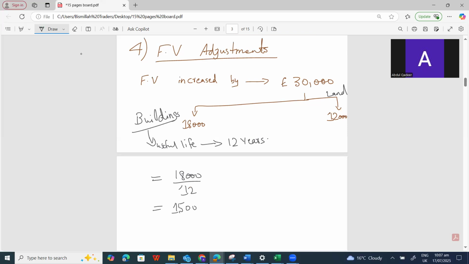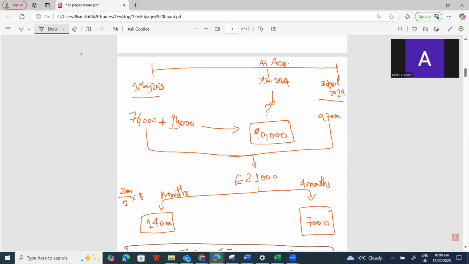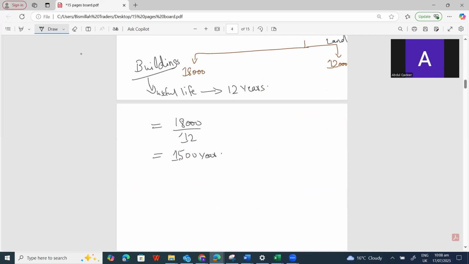But we acquired the company on 1 January 2024, so only 4 months of depreciation is relevant to us. Divided by 12 multiplied by 4, this comes to 500 for 4 months.